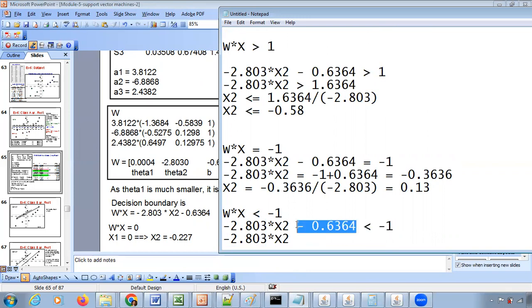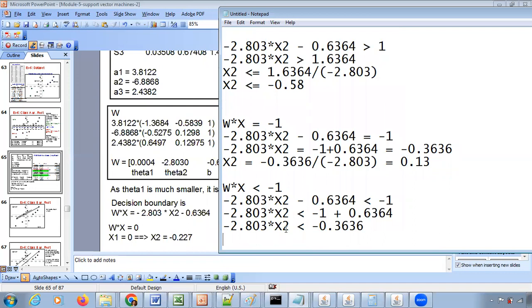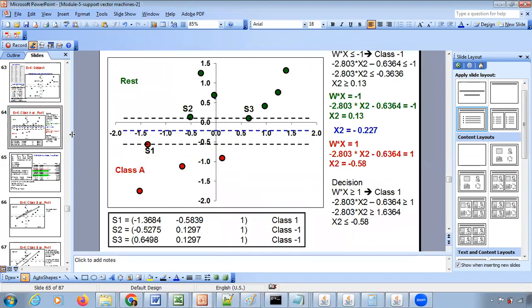I'm going to take this to the other side, so it's going to be less than -1 plus 0.6364. So negative 2.803 times x2 is going to be less than negative 0.3636. Now we divide both sides by a negative value, 2.803, so that's going to be x2 greater than or equal to negative 0.3636 divided by negative 2.803. That will make it 0.13. So x2 greater than 0.13 is going to be the region for the other green data points.